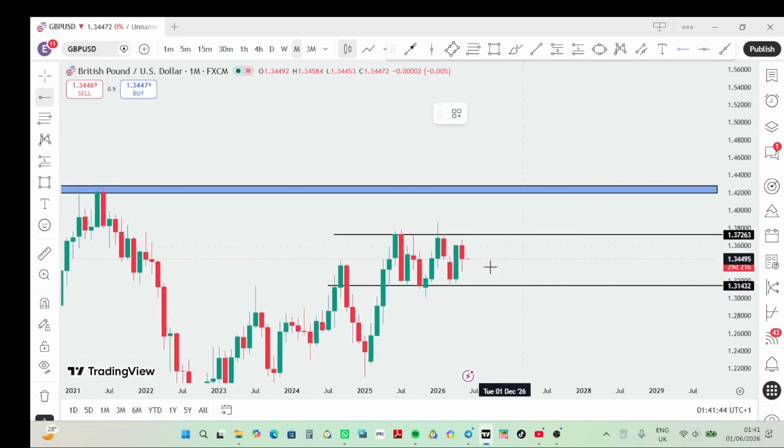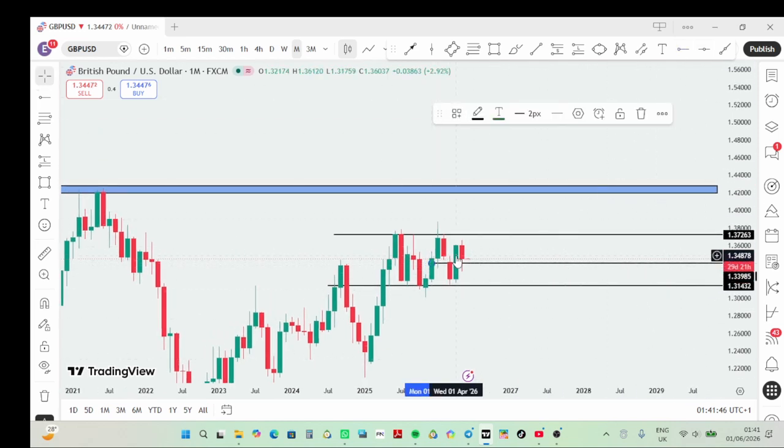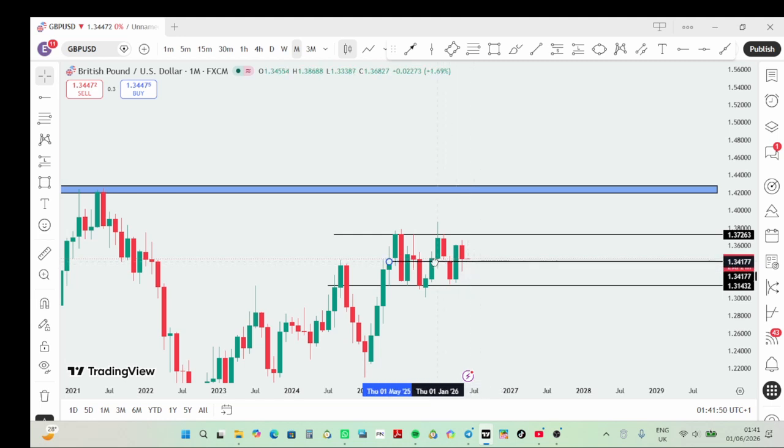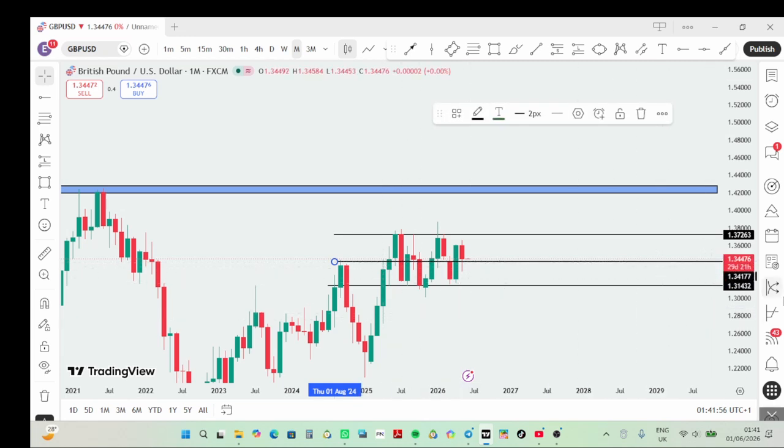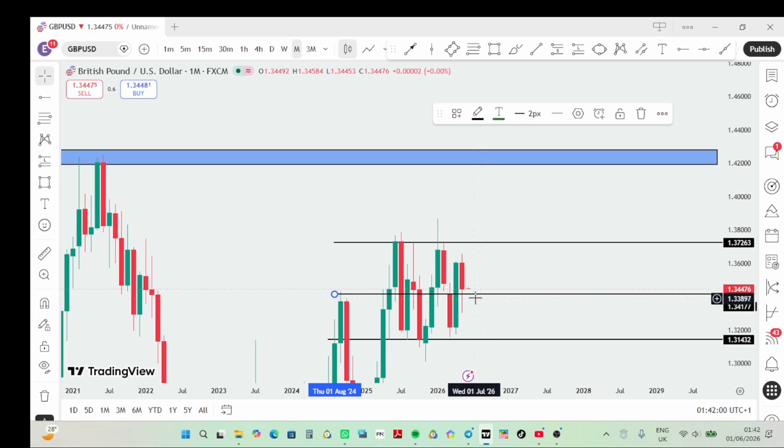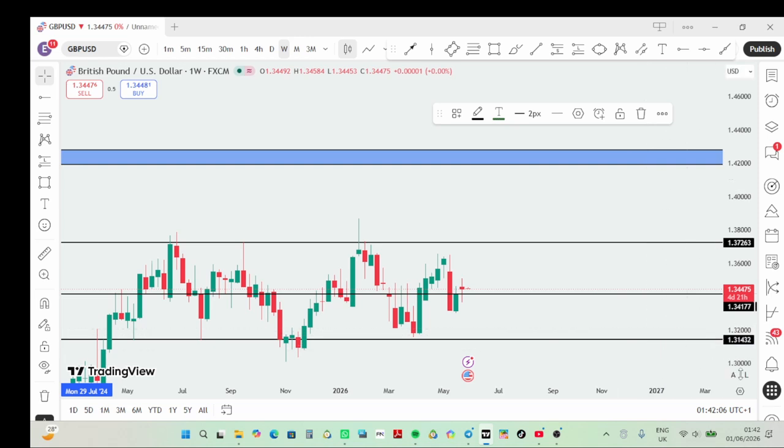Now let's look at it. This is a retracement, especially in this trend, the market should bounce back to this level, which is 1.34476. I think it's approaching it now. So let's go to weekly and see what the weekly is saying.